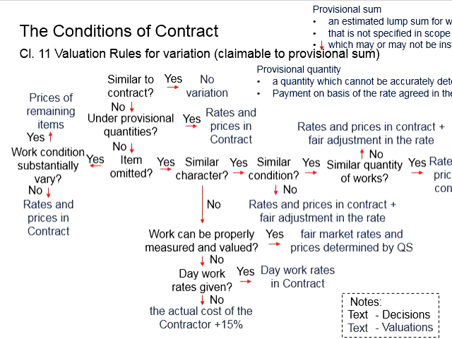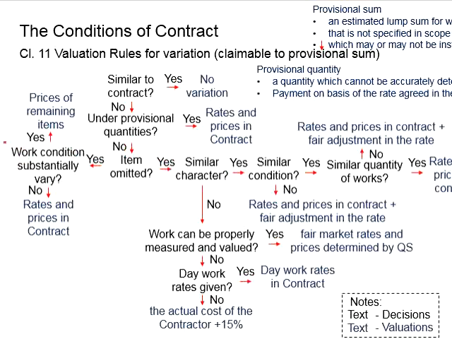Now the question is how the rate is calculated. It will depend on the work conditions, whether it is going to be substantially varied from the initial work. Some reduction works may change the nature of the work, and the calculations of the rate and price may not be as simple as multiplying the quantities with the rate.